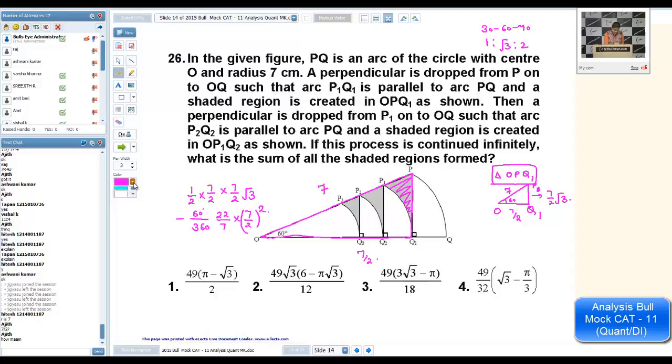But once again, to find the shaded region, we need to know the shaded region's area. So I am taking the complete triangle's area. To find the pink region from the triangle area, I am subtracting the yellow area. For the yellow area, the radius is 7/2. Is it okay, Ajit and Hitesh?